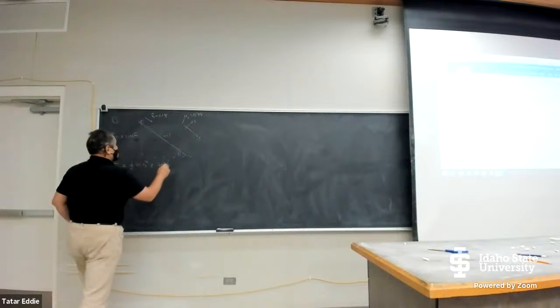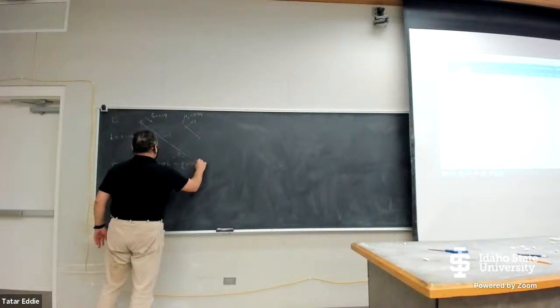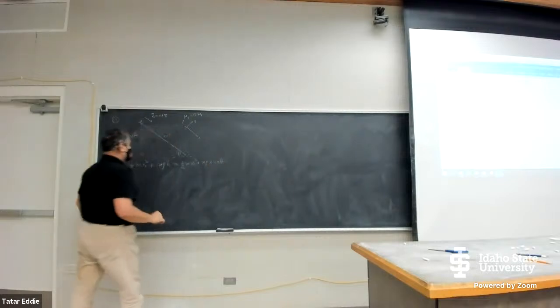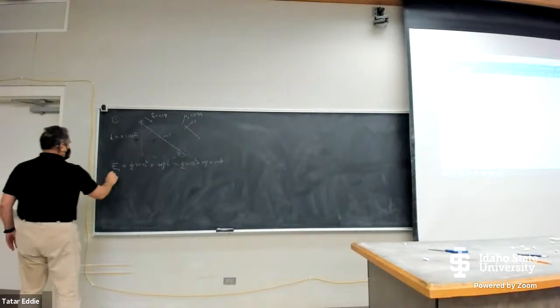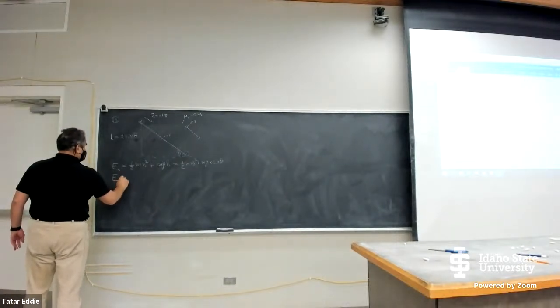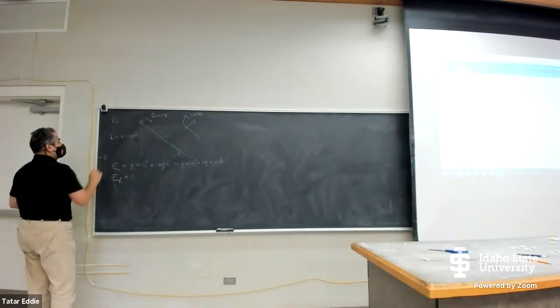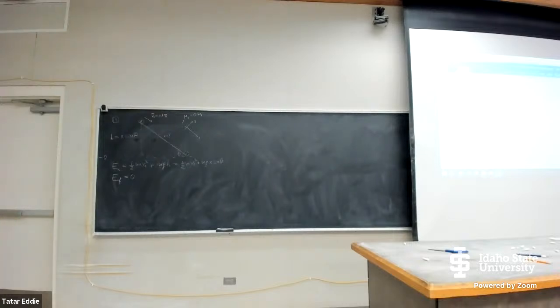So I can write it as 1/2 m v naught squared plus m g x sine theta. The final energy of the truck is 0 because I chose the 0 height to be here, and the truck is at rest, so it has 0 kinetic energy.